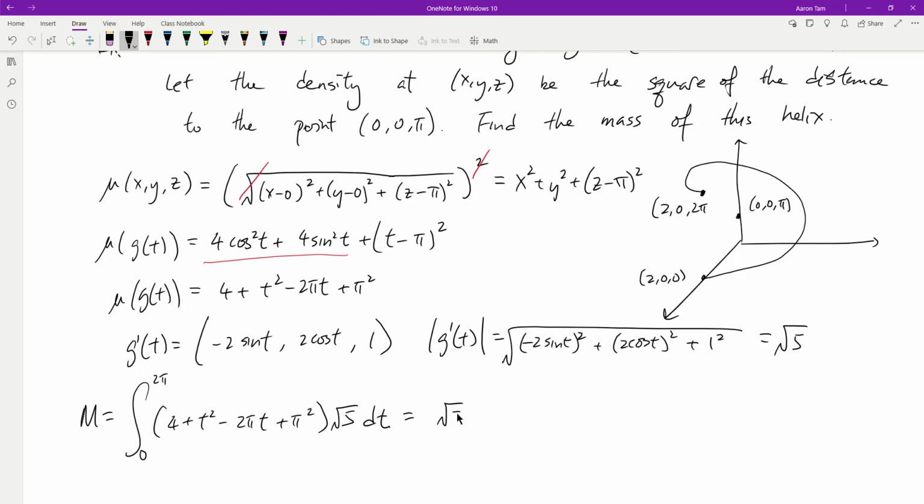So I'm going to pull out the radical 5. And I'm going to integrate this, so it becomes 4t plus one third t cubed minus πt squared plus π squared t, evaluated from 0 to 2π.